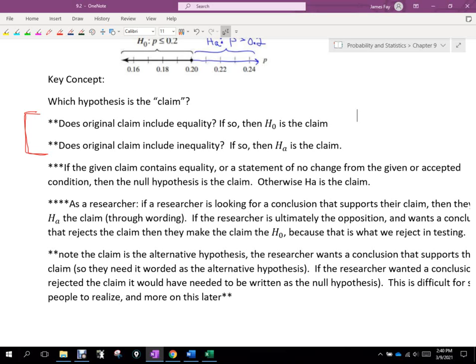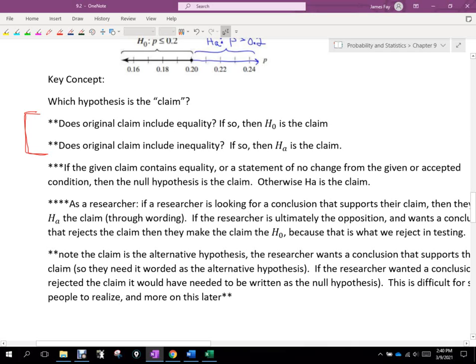I think the best thing to do to realize and practice that is to see example after example: read it, write the hypotheses, and then identify the claim. That's very important before we move on to actually doing the test.